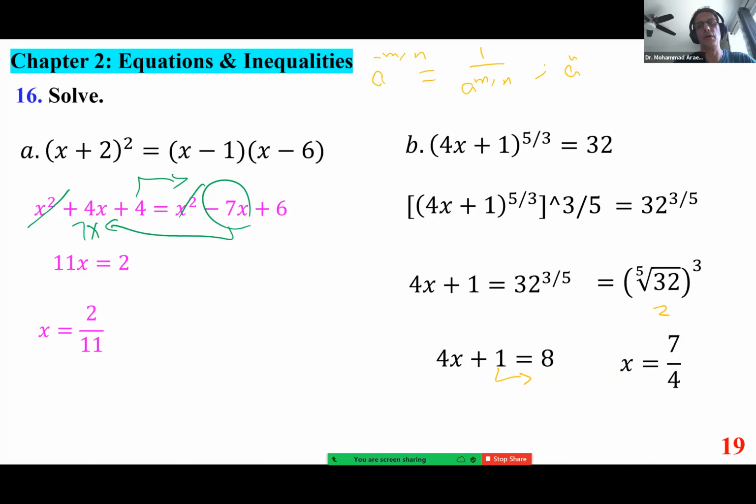Also, a to the power of m over n is the nth root of a to the power of m, or the nth root of a, and then you raise it to the power of n. That is the fastest way to come up with the answer, and that's what we did here.